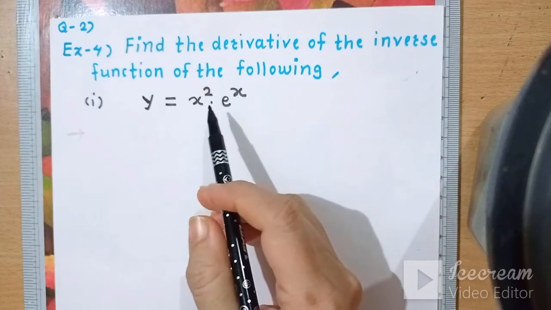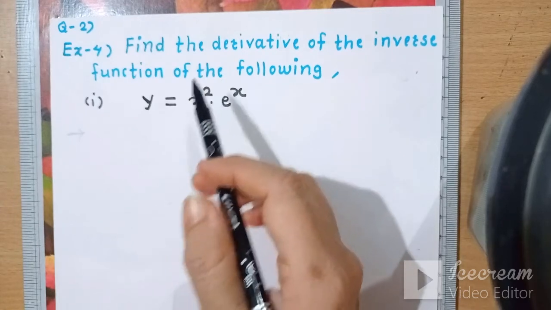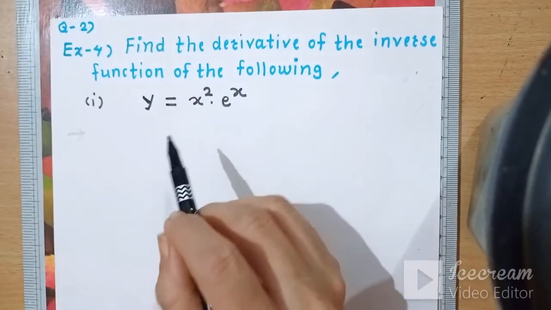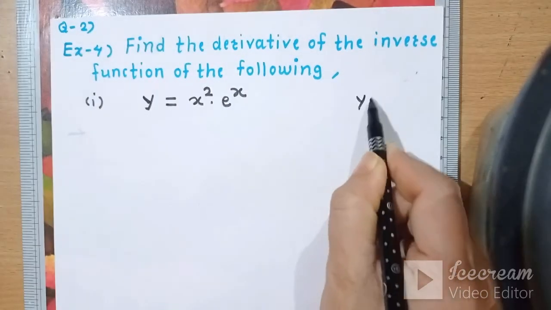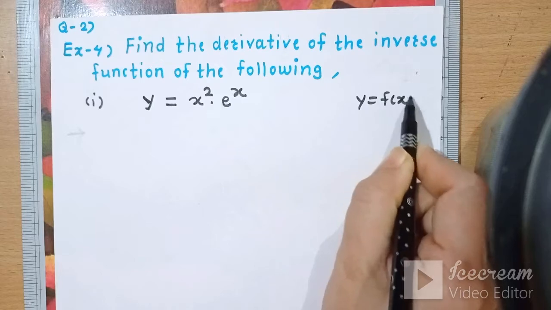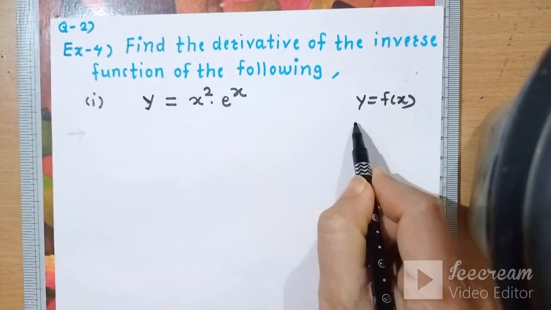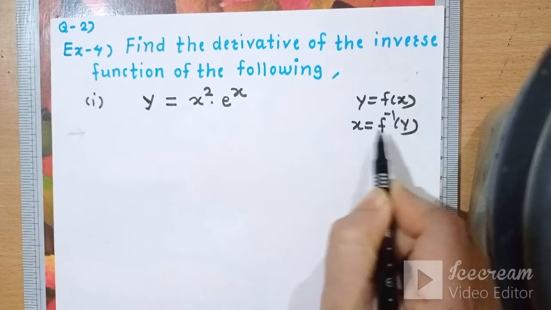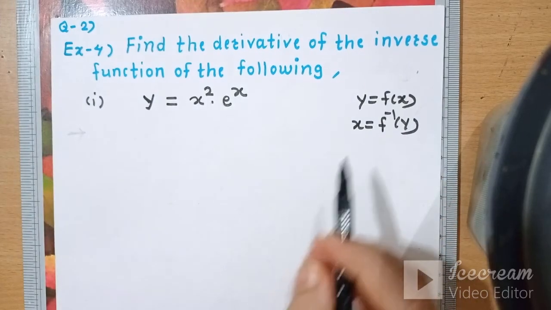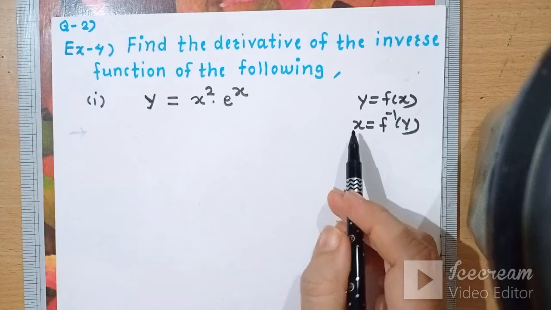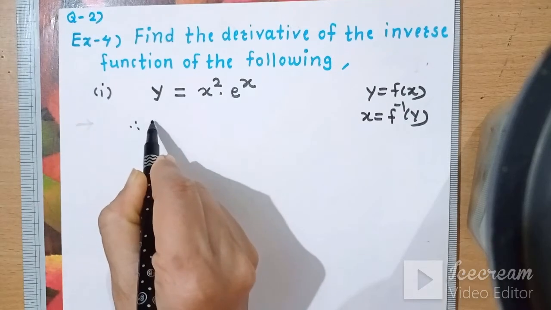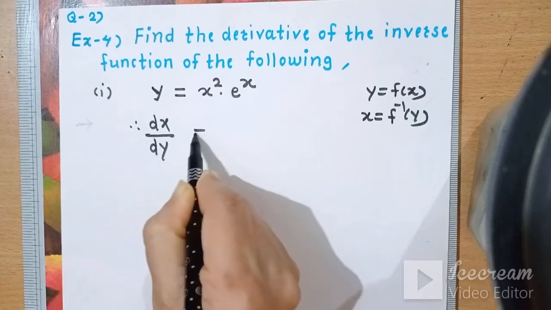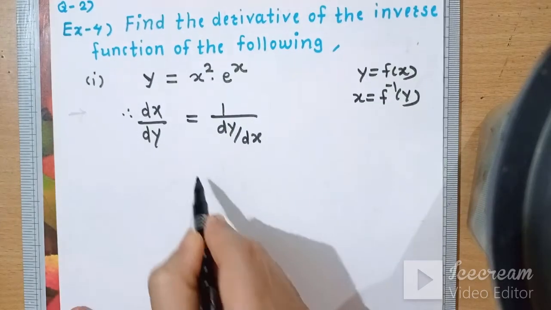Now let's solve this example and read the question. Find the derivative of the inverse function. So if y is equal to f(x) is a differentiable function, then x is equal to f inverse of y. This is the inverse function, so we have to find dx by dy. So I am writing the formula here. Therefore dx by dy is equal to 1 upon dy by dx. Now differentiate this function.